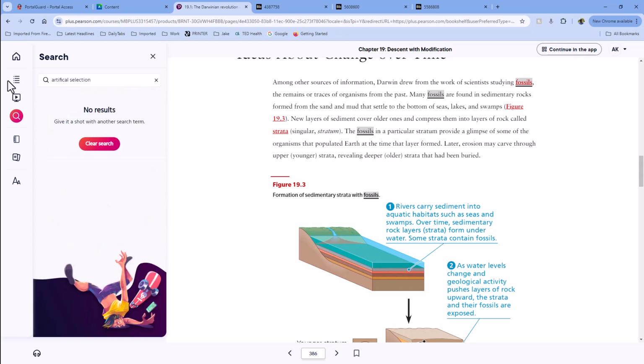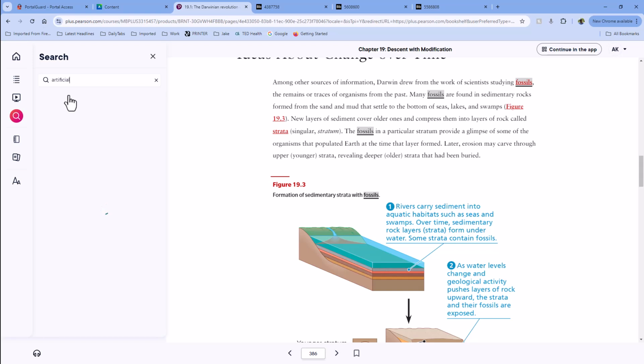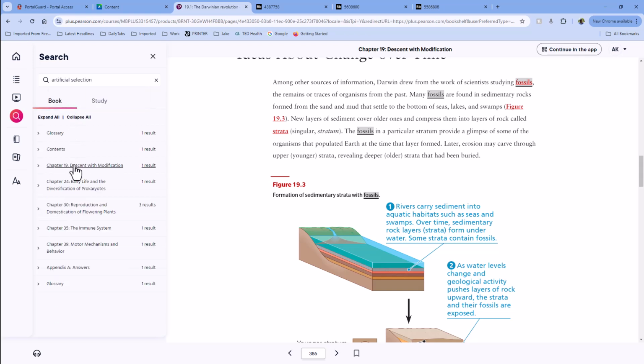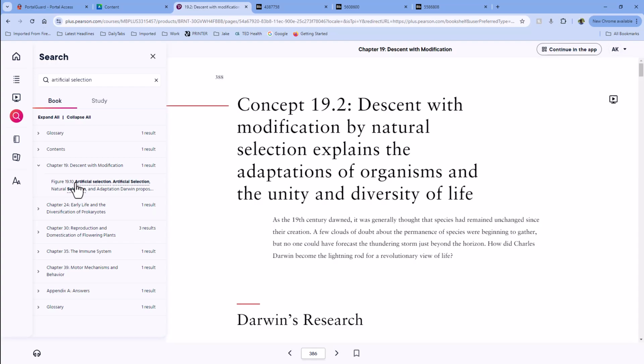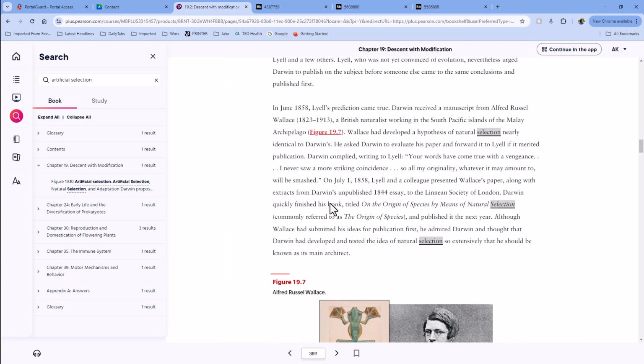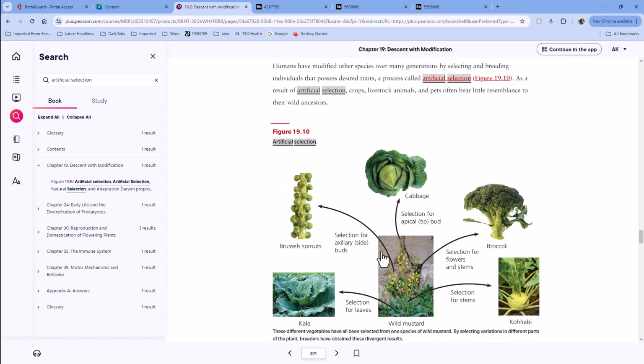And so it'll bring you again to 19, like I said, figure 19.10 goes into artificial selection, and that's the one with the mustard seed and the broccoli and the kale and the things that have been derived.